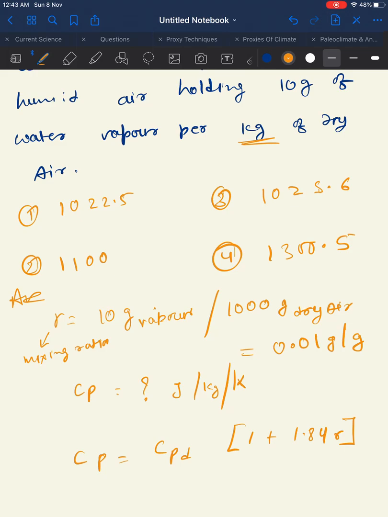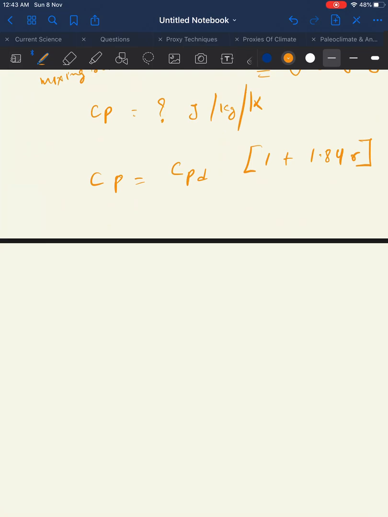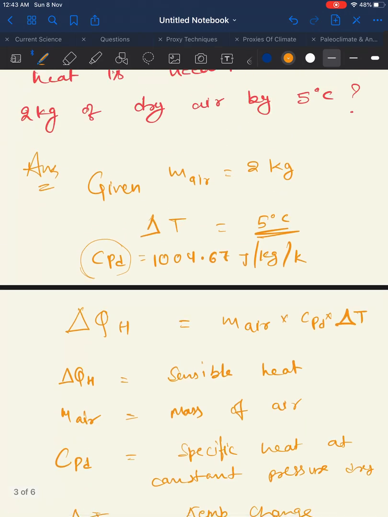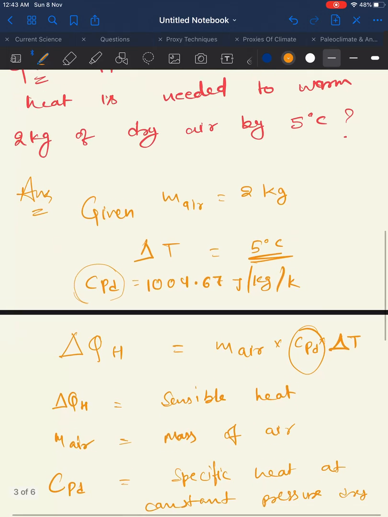This is already cleared, right? So now let's solve. Okay, so Cp is equal to Cpd, which is 1004. It was discussed in the last question. See, this is your Cpd over here.